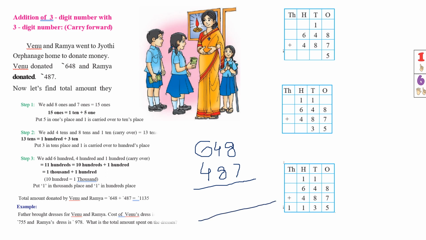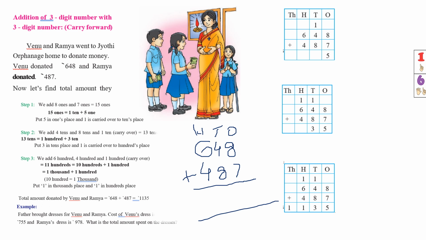Now you people can easily solve this, right? So what is the total amount? What is this? This is ones, this is tens, this is hundreds, correct?